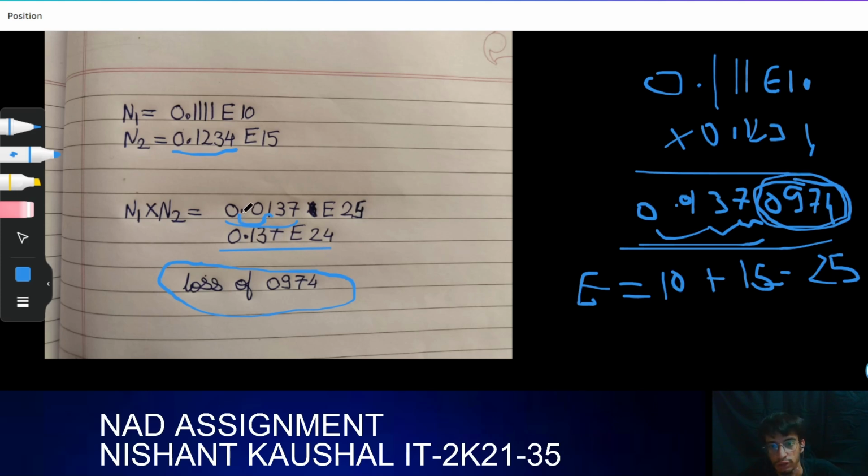Suppose someone moved the decimal point after 7, so these digits will be lost, because the performer or the user will assume that after 7 there will be infinite zeros, right? So this 0974 number will get lost.